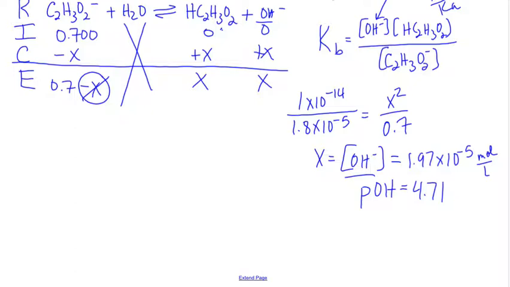And then, are we done? No, they're asking us for pH. And it makes sense because this is supposed to be basic, right? So we need a pH that's higher than 7 here. What do we get? 9 point what? 9.29, and that is our pH.